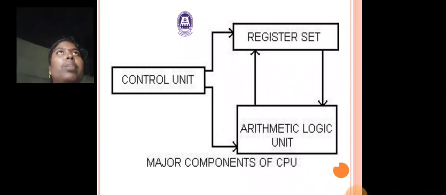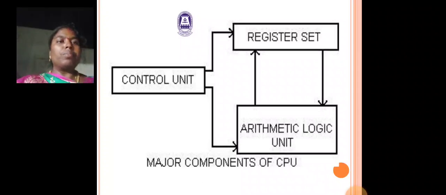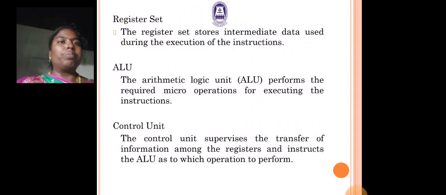The bus may be a data bus or an address bus. A data bus means the data is transferred through the data bus. An address bus means the address of the data is transferred through the address bus. Both the register set and the arithmetic logic unit are controlled by the control unit.